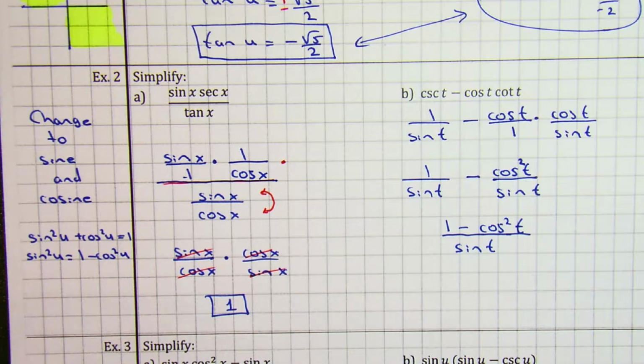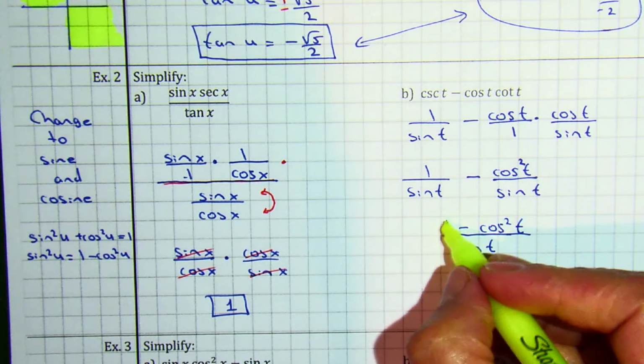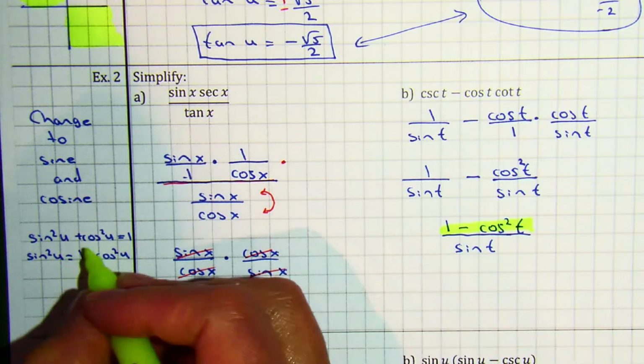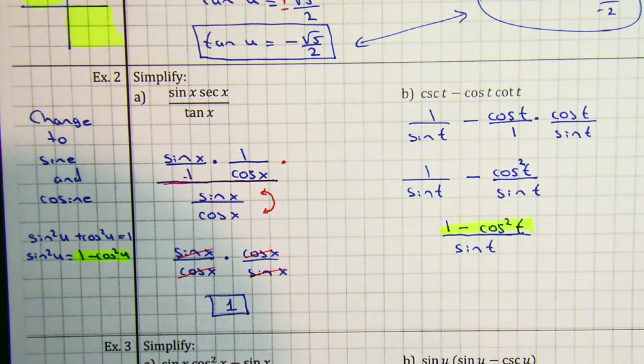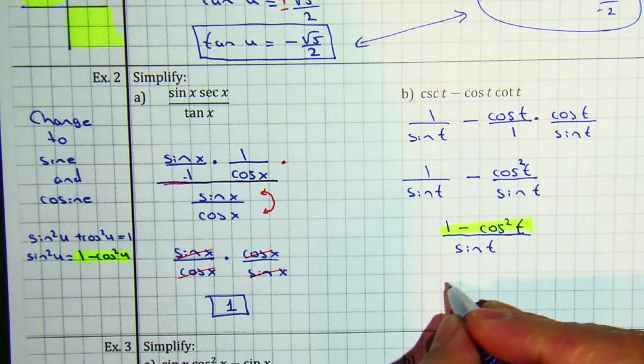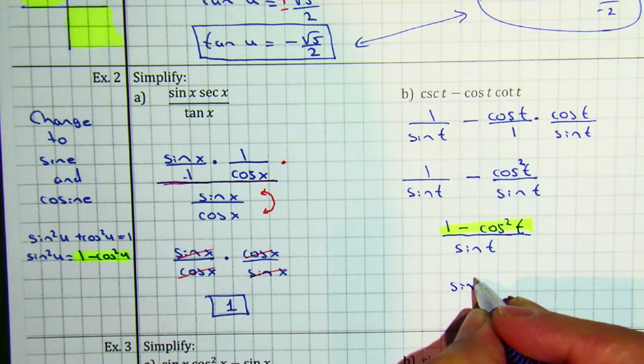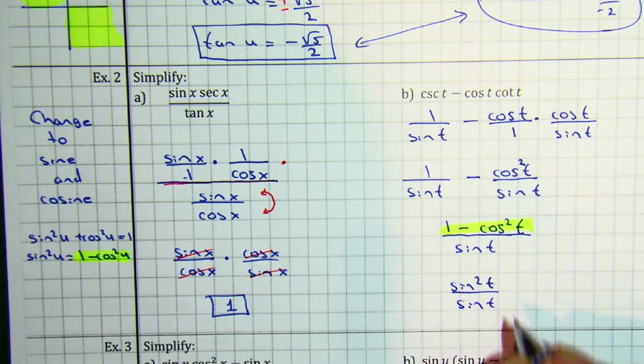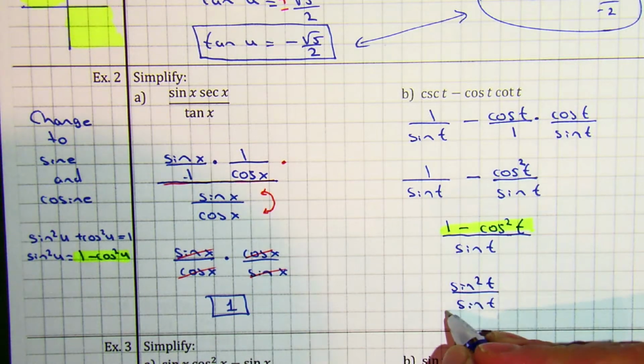So therefore, I can replace 1 minus cosine squared of t with sine squared of t over sine. One of the signs cancel.